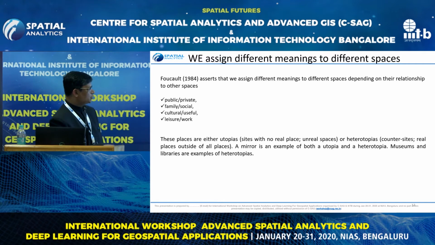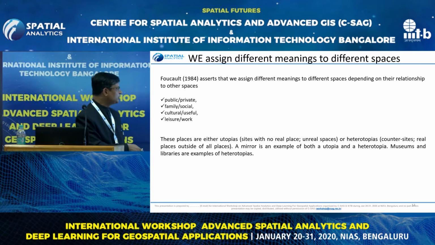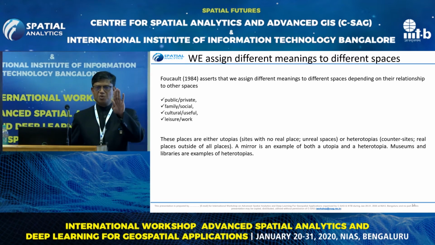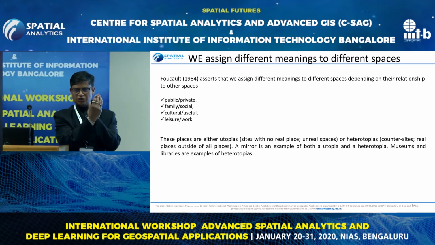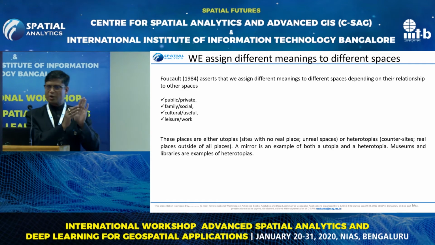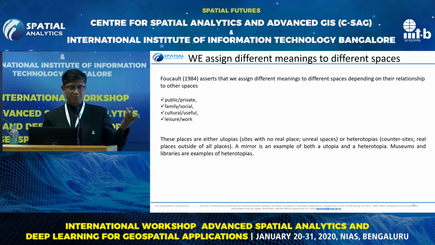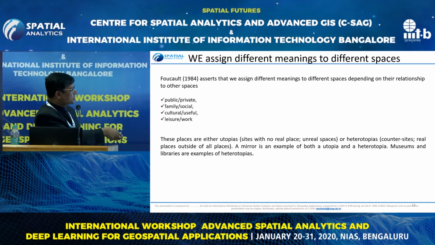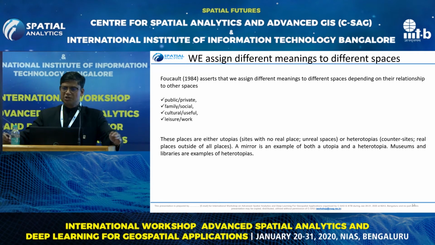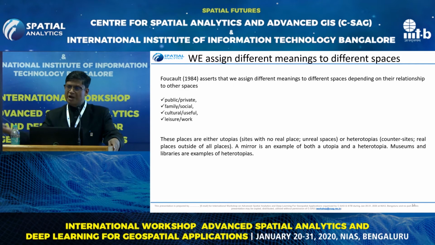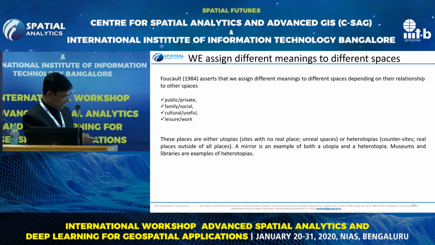According to him, a mirror is an example of both utopia and heterotopia. In a mirror you can see your image, but the mirror itself is also a place. From the societal point of view, museums and libraries, you don't live there, but your life gets reflected and curated there. These are called heterotopia.